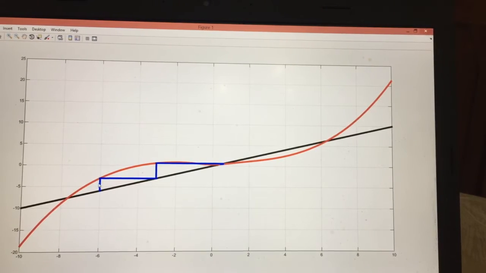So it will move like this. If you can sketch an arrow, try to make an arrow here with the sketch. I didn't have the time to do that, but I think you'll be able to manage. So it converges to this point here.